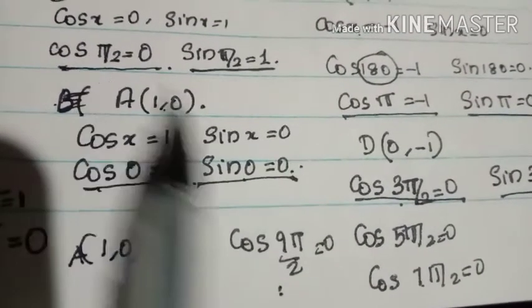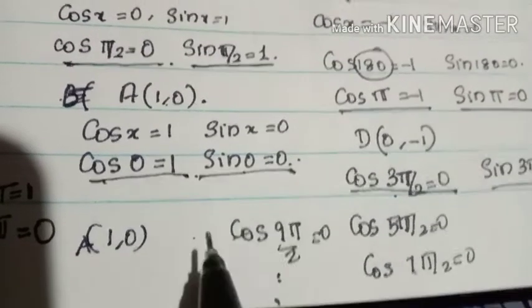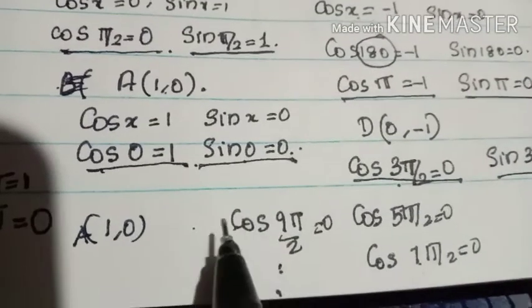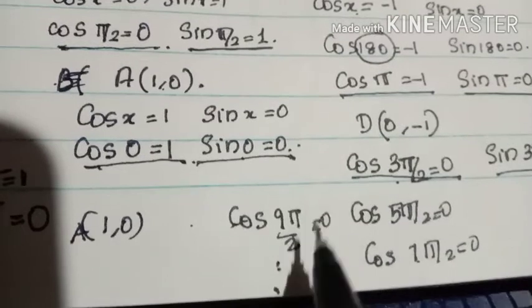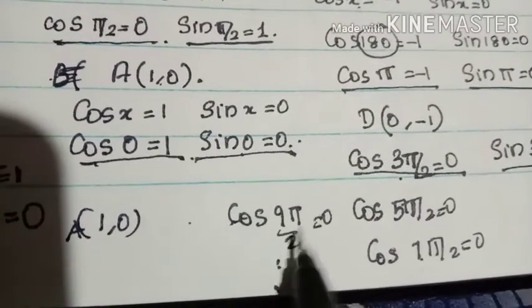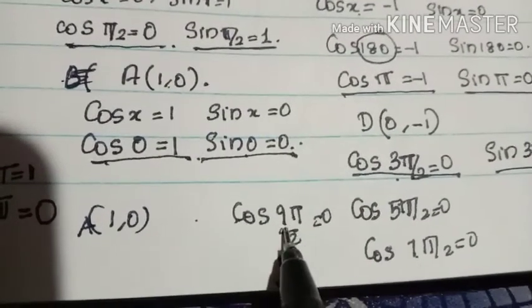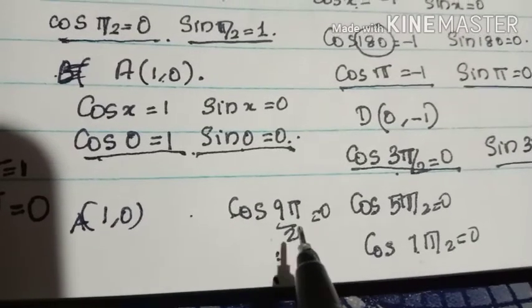What is this? 1, 3, 5, 7, 9, etc. All these are odd integers, isn't it? So for all odd multiples of π/2, the cos ratio becomes 0. This is one of the results.